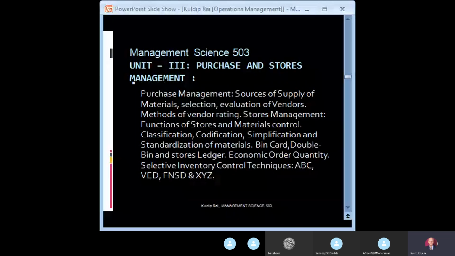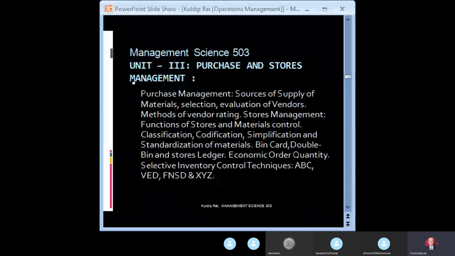The next unit is Unit 3 in Management Science, Purchase and Stores Management. Now, if you are wondering how purchase and stores is coming into the subject of operations management or management science, well, I think that needs to be clarified first.